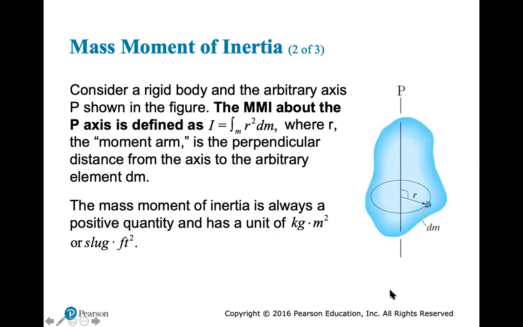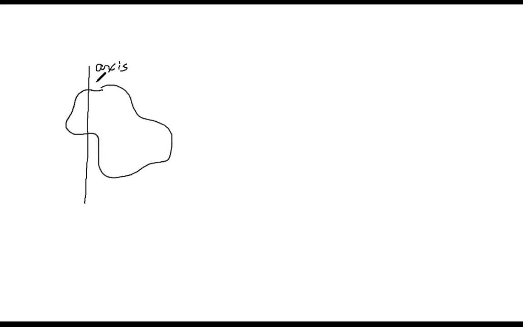If I go over to the whiteboard space, in general, you should imagine we have an axis of rotation, and a body, which could be irregular, whatever you want.